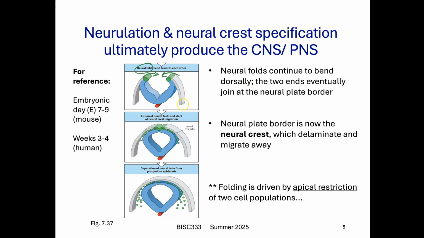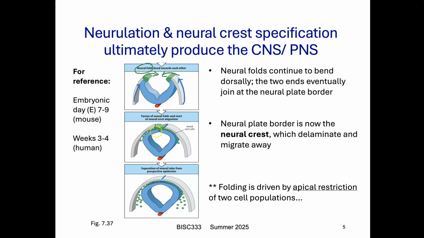And then as the neural folds continue, there is some growth and upward push from the epidermal tissues. And then as I've already mentioned, the cells are approaching each other, and what happens is the edges of the epidermal cells find each other and fuse.